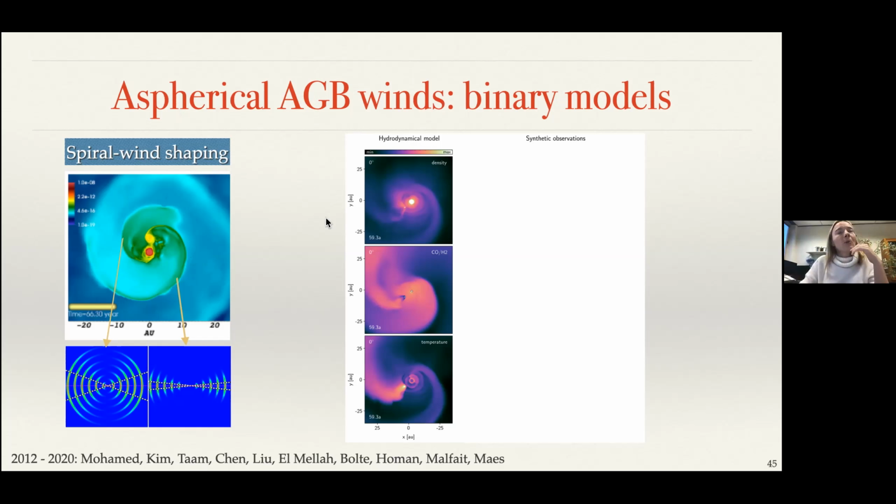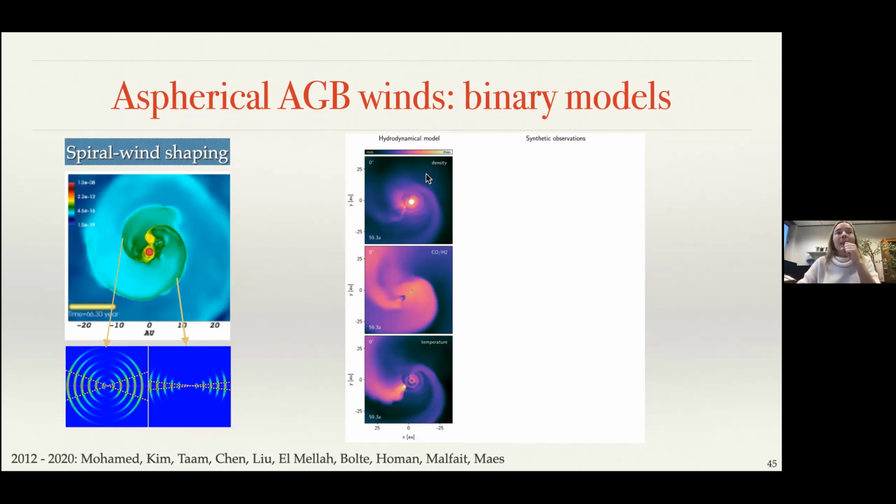So I will show you now in the next slide a very nice movie that has been made by Jan Bolte and Frederik. It's a movie in which you first will see the hydrodynamical model, and you will see the main star and the companion, and you will see how they evolve through time. And then they will start tilting the simulation, so you can see it edge on, and then it will go to 45 degrees and then to 90 degrees.